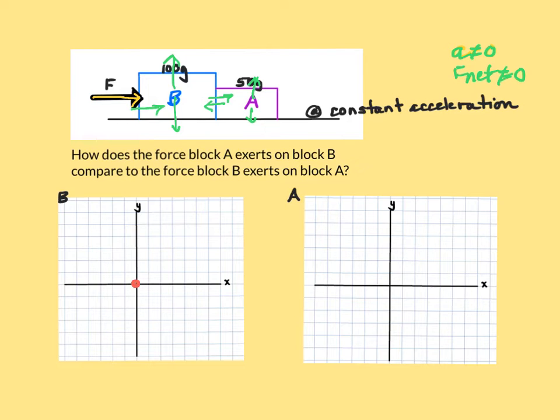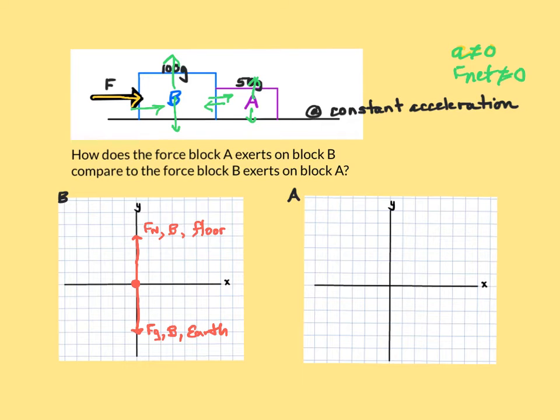I've got my circle here. I'm going to start with my force of gravity, the force of gravity on B by the Earth. Then I'm going to have the normal force on B by the floor.